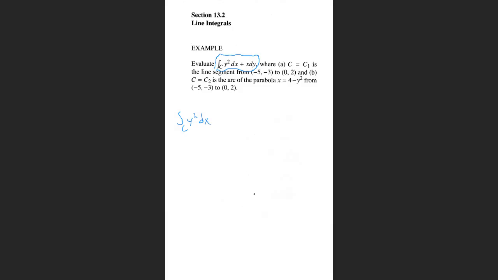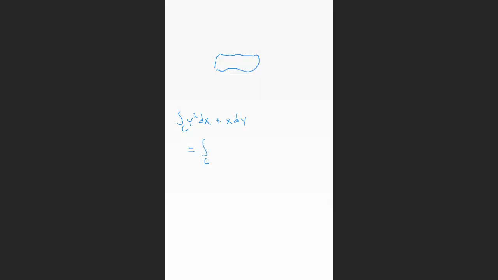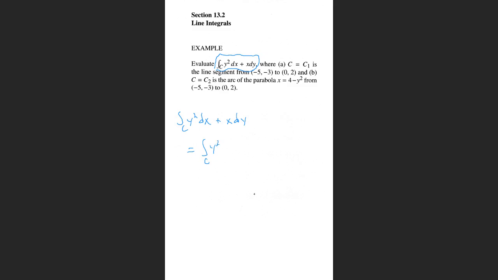But remember, that line integral is really the sum of two line integrals. One with respect to the variable x, and the other with respect to the variable y. Okay, so it's notation. So this problem requires us to find two line integrals and add them.